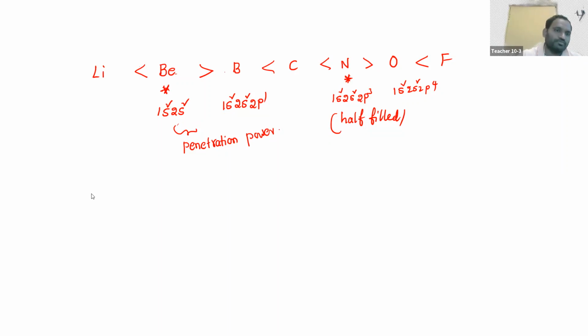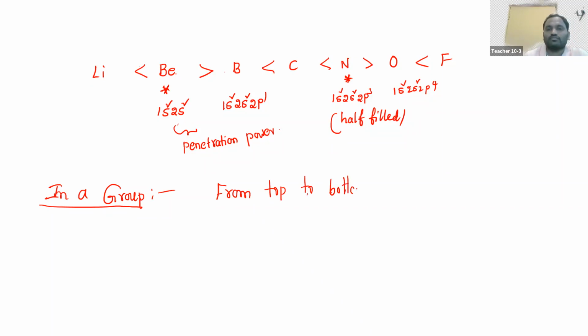Next, in a group, from top to bottom, ionization energy decreases.